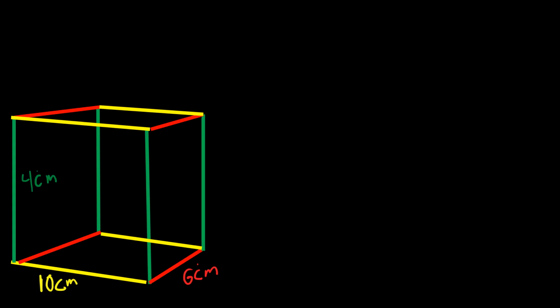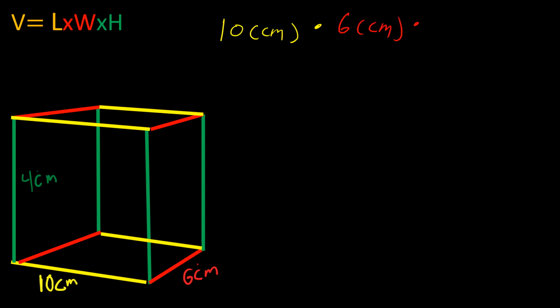In this example, we have a box with a length of 10 centimeters, a width of 6 centimeters, and a height of 4 centimeters, and we want to calculate the volume. Keep in mind, volume equals length times width times height. Our length is 10 centimeters, multiplied by the width, 6 centimeters, multiplied by the height, 4 centimeters.